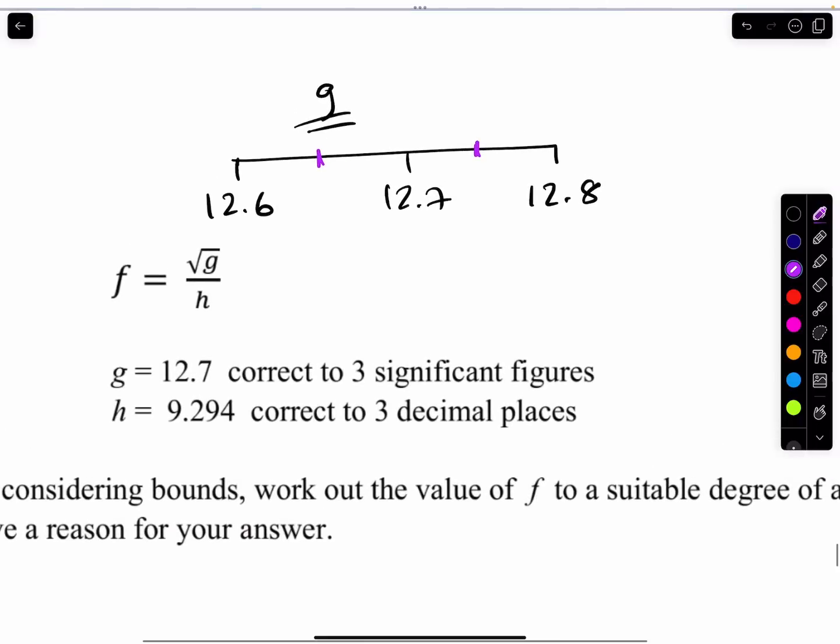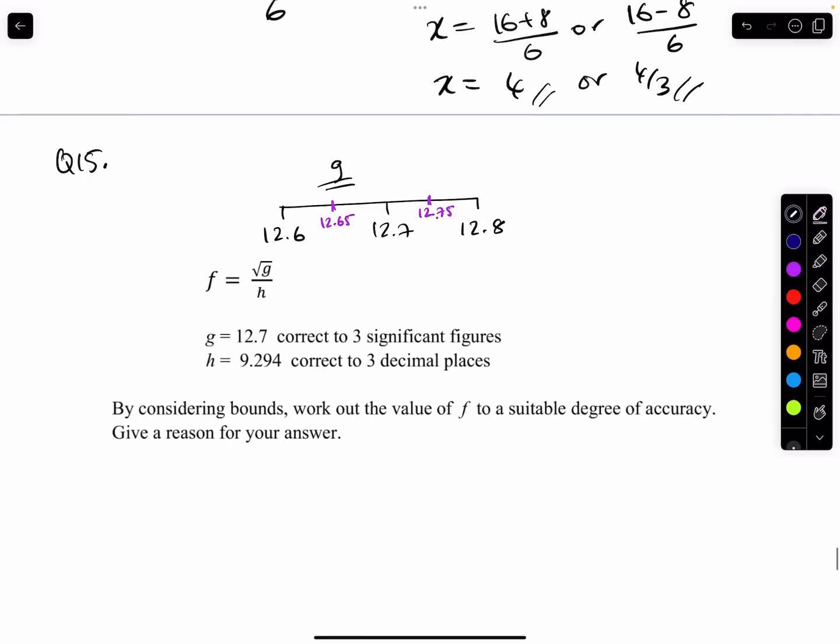So for the lower bound, it's going to be 12.65. For the upper bound, 12.75. So that's G. And then for H, we're going to do the same thing. So we've got 9.294 and 9.295. Okay, so this decimal place has been rounded to 3dp.